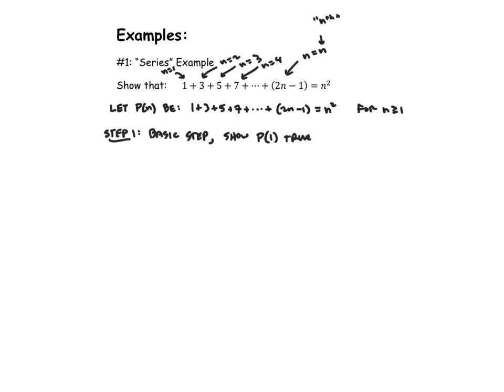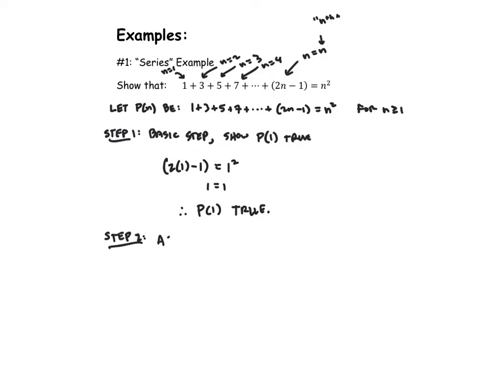I'm going to take the first term, which would be 2 times 1 minus 1, and show that it is equal to 1 squared. So 2 times 1 minus 1 is 1, 1 squared is 1, therefore P of 1 is true. We've knocked down the first of the dominoes. Let's go with step 2.